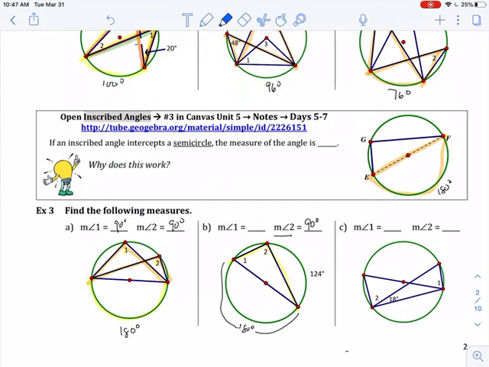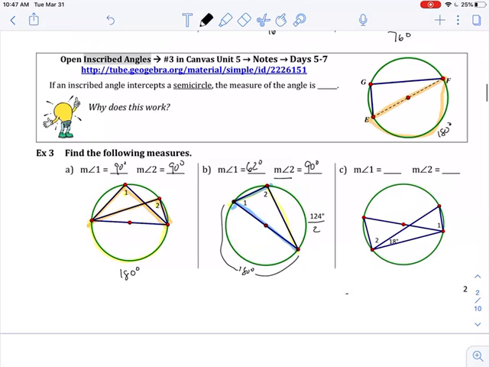Angle 1 intercepts the arc here and here, so that's just a chord. That's not a diameter. So I'd have to do the same thing. That arc's 124. So all I need to do is divide that 124 by 2, and I would get 62 degrees.